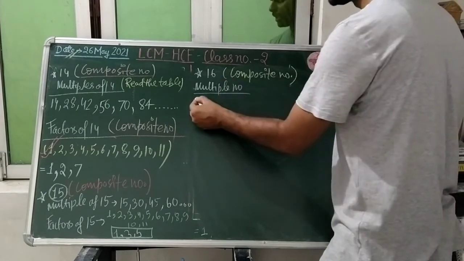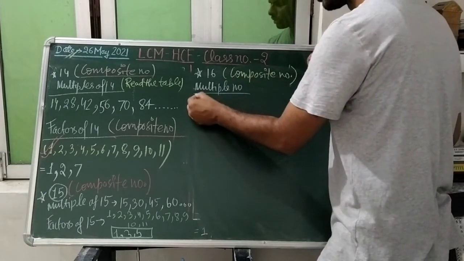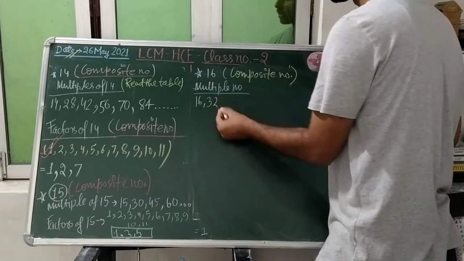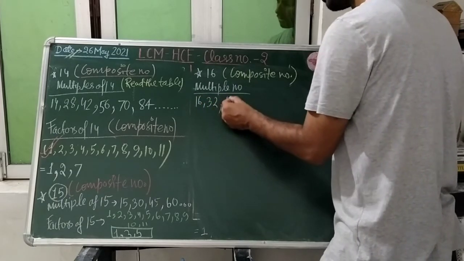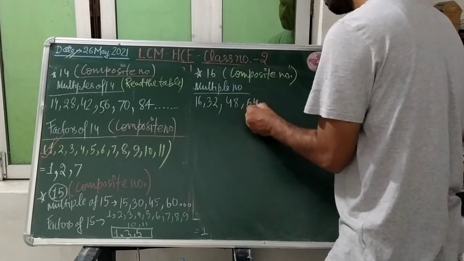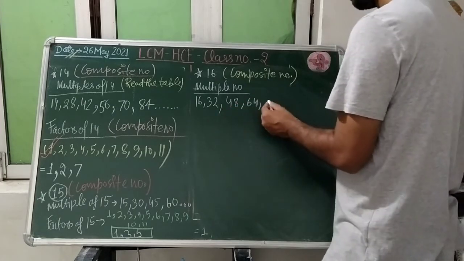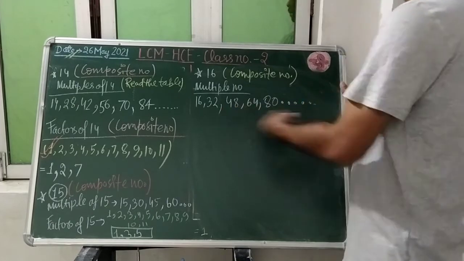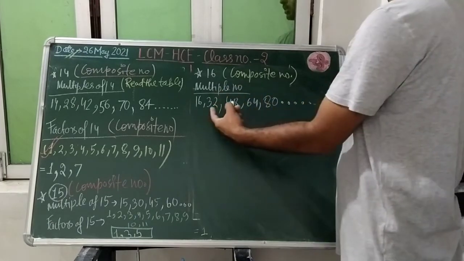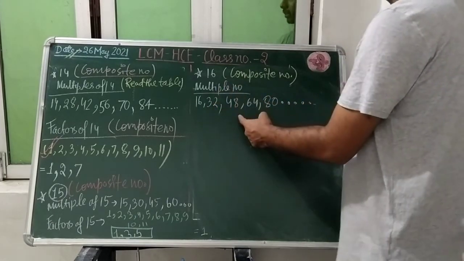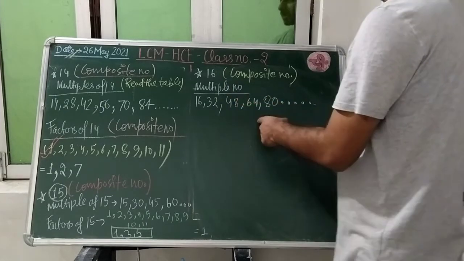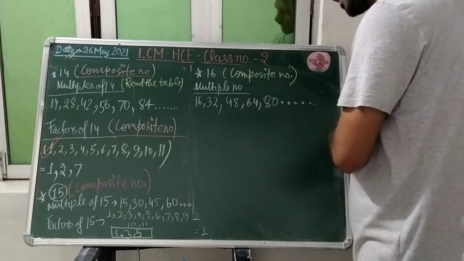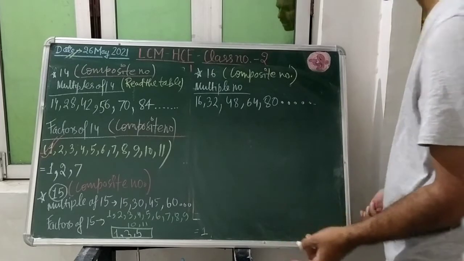For multiples, we will read down the table. 16 ones are 16, 16 twos are 32, 16 threes are 48, 16 fours are 64, 16 fives are 80, and it will move on, as multiples are unlimited.